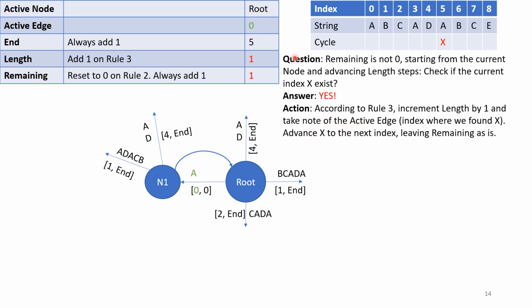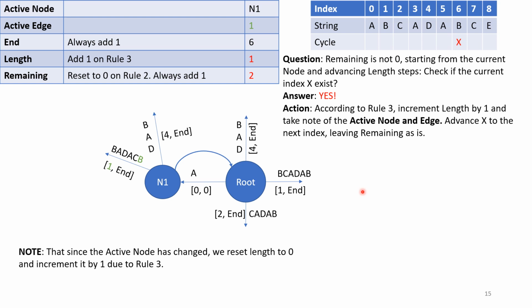Still we're in root, and the active edge is 0. So nothing else we can do. Of course, you'll see that A was appended to all of the path because of our variable. But that's done automatically. We don't need to do anything special for rule 1. Let's move on to the next step.